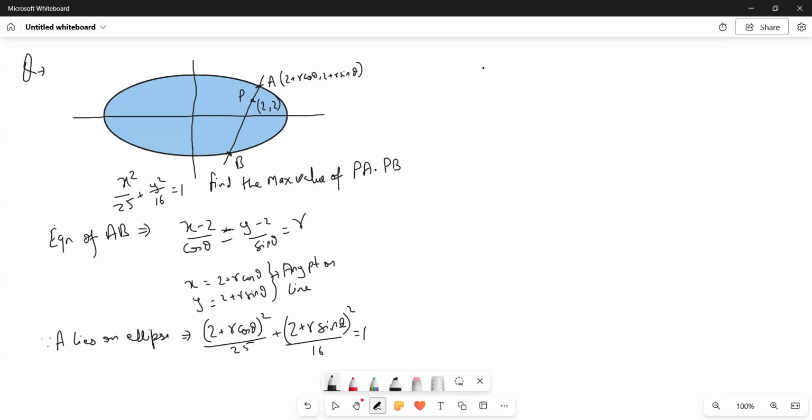So this will be like writing 16 into 4 plus 4r cos theta plus r square cos square theta plus 25 times 4 plus 4r sin theta plus r square sin square theta is equal to 25 into 16, 400.